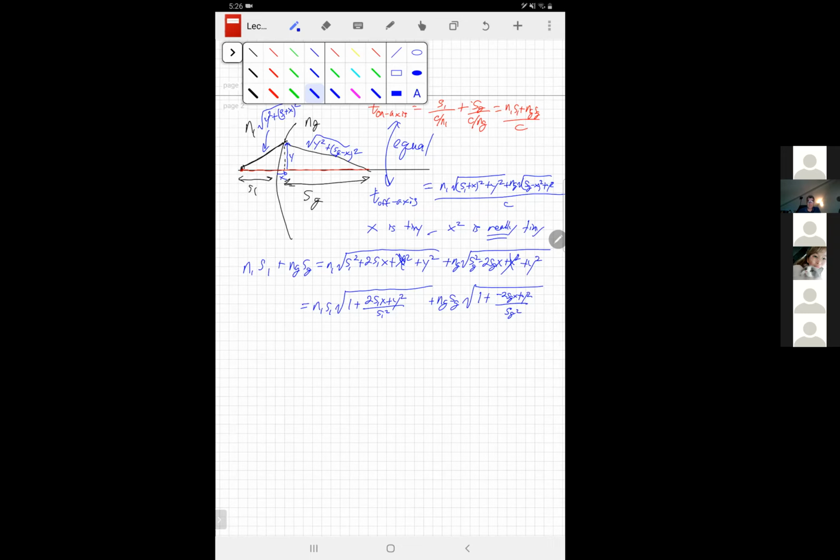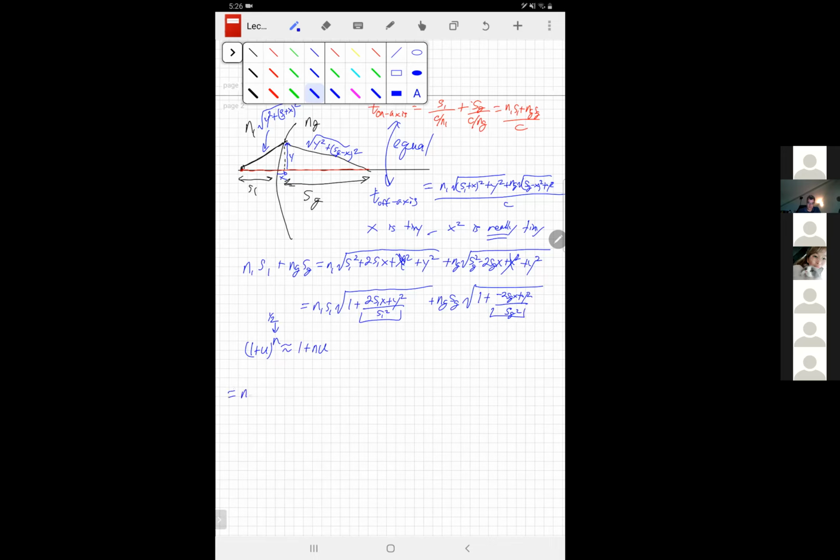Binomial theorem, or a Taylor series. So we're going to say that 1 plus u to the n is roughly 1 plus nu. And in this case, n is 1/2 and u is this.